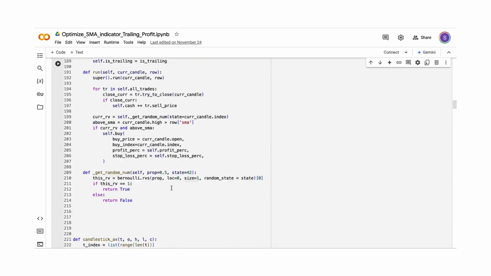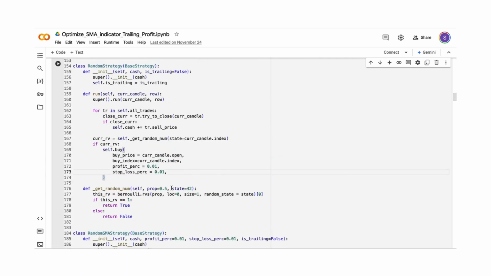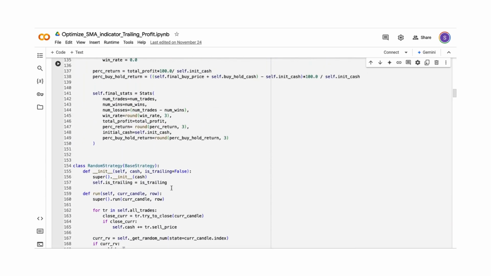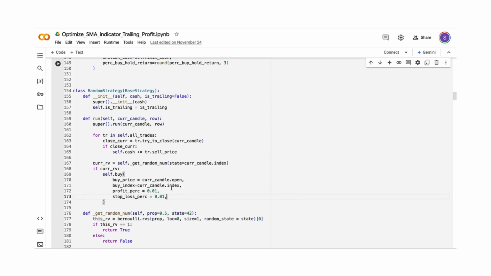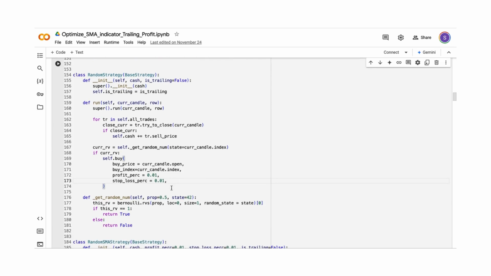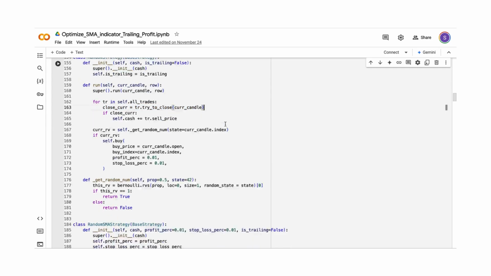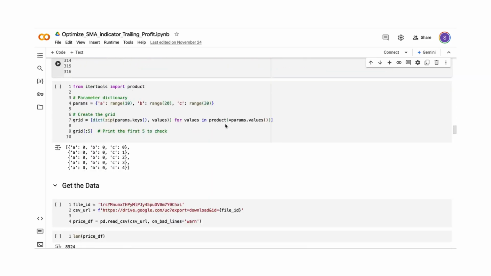But if is trailing is true, we are going to execute the exact same entry criteria, but in our exit criteria we're going to constantly keep updating the stop loss when we try to close these trades. That's the only difference. Let's see what happens to the results.